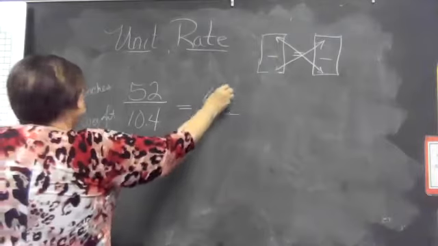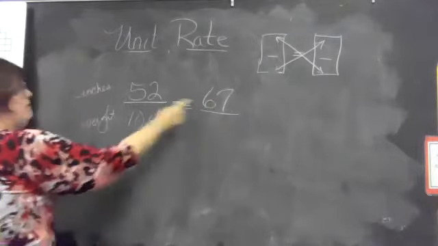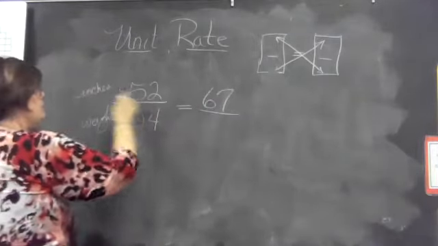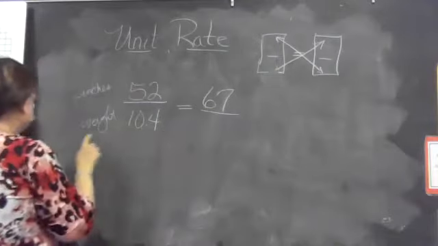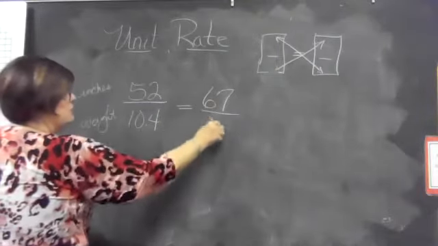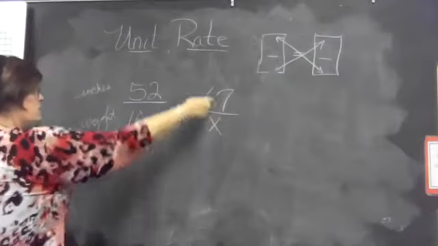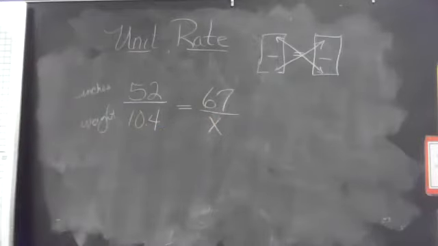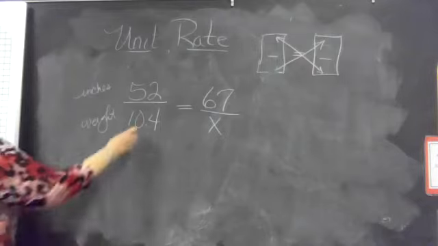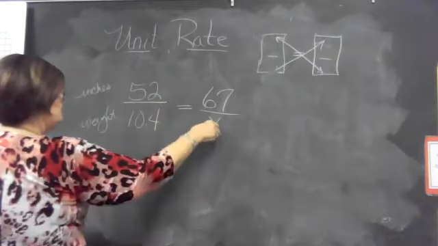So I'm going to put the inches, 67 inches, here with the 52 inches. They have to follow suit. And we don't know the weight because they're asking us how much does that weigh? When we come up with that, it's a proportion, one fraction equal to one fraction.